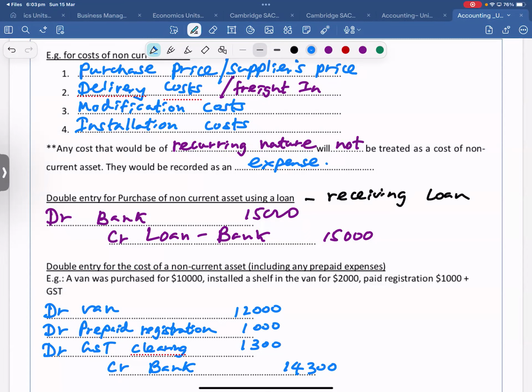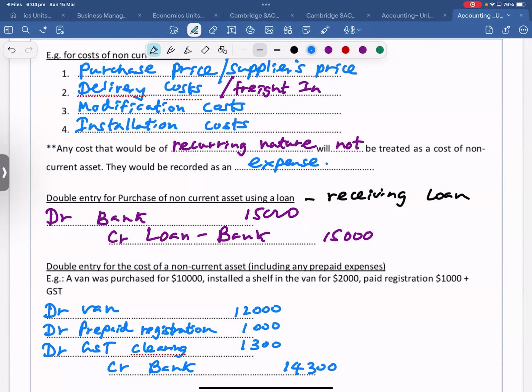Then let's say you bought a second-hand van, and you get a new set of tires. What do you do? Historical cost? Everyone agrees? All of you are wrong.